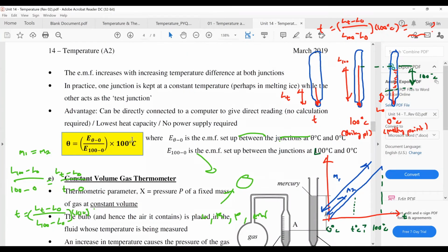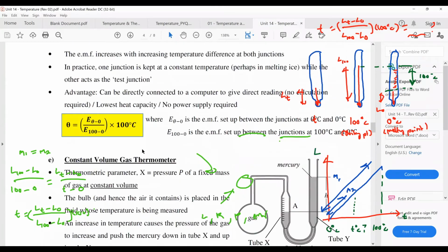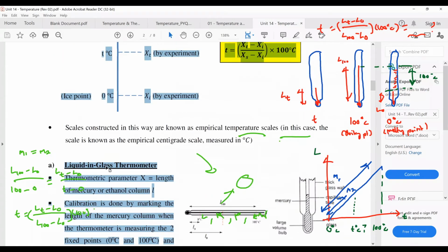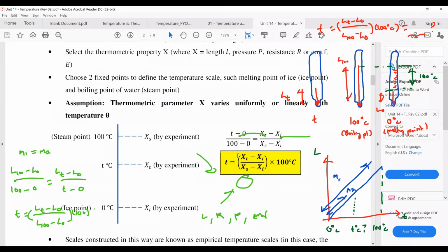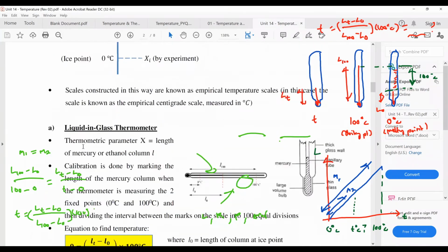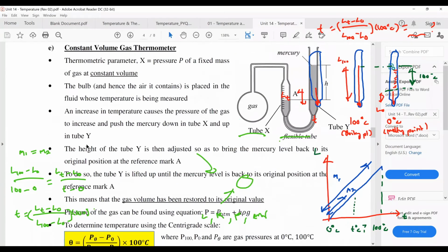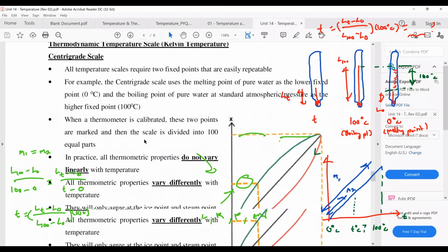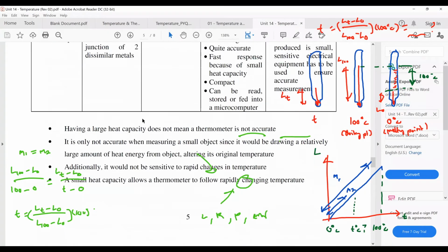By the time I finish explaining, your lesson will be over already. If you want to know more about this, go and read your textbook. I will just tell you the important one, which is how to use your thermometric property to find out your temperature. So that one being done, I might as well go to some questions.